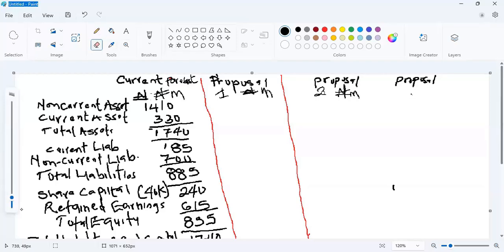I try to prepare this ahead to save time in the class. If you look at the question, you have non-current asset 1,410, current asset 330, total asset 1,740.